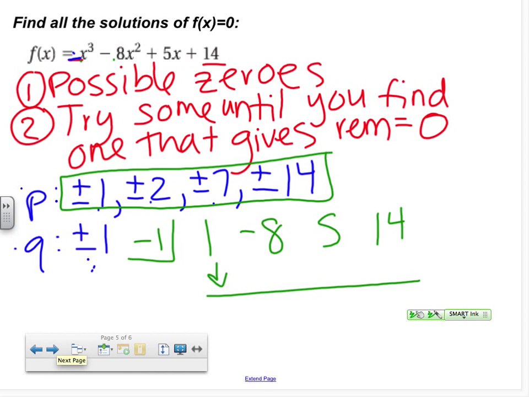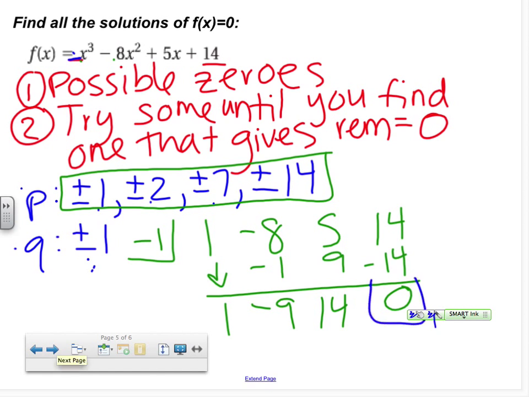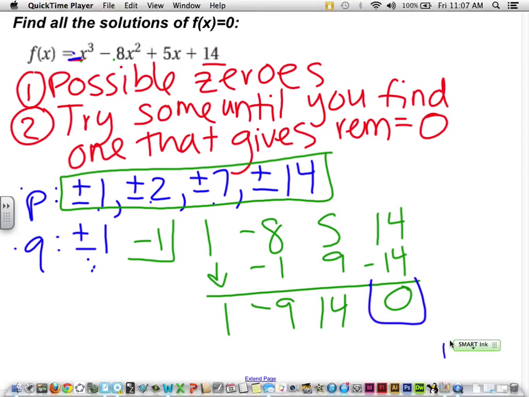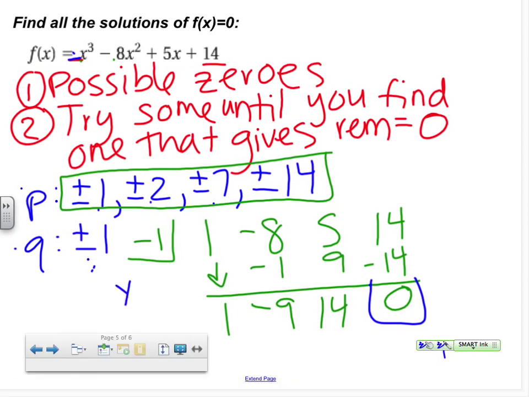And I'll synthetically divide -1. And now I have my remainder of 0. So that tells me that x equals -1 is a solution.